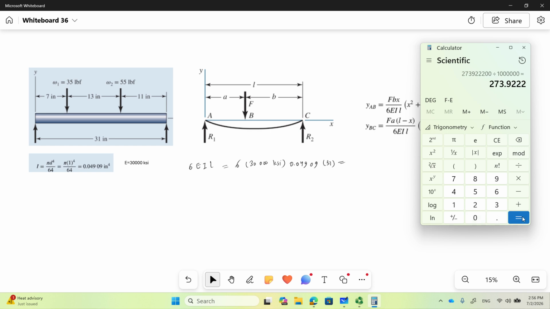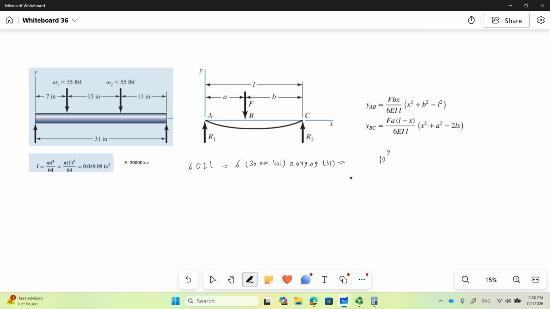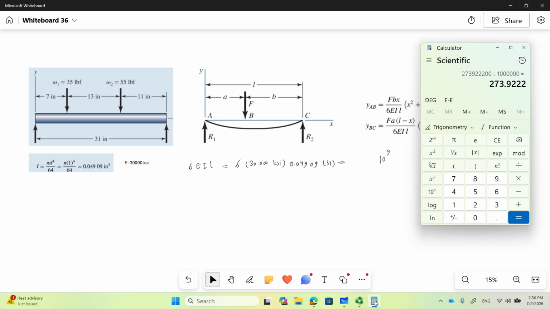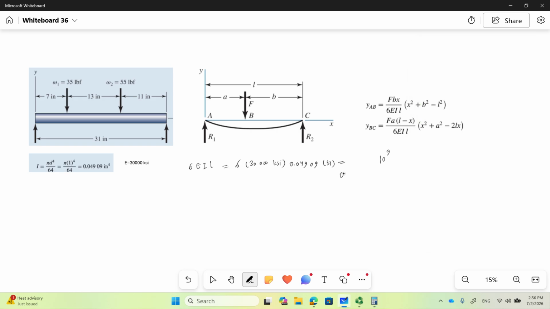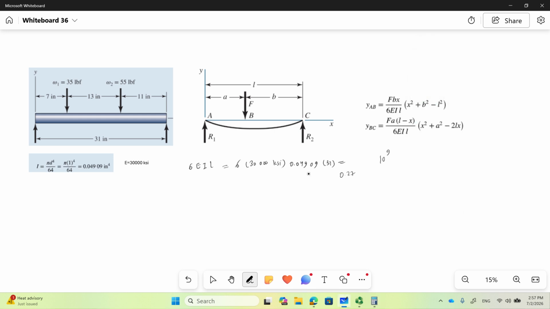Alright, so I get this. Or if I divide another 1,000, it's gonna make it in billions, like 10 to the 9. It is 0.272739 times 10 to the 9.